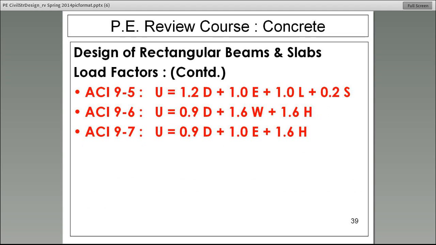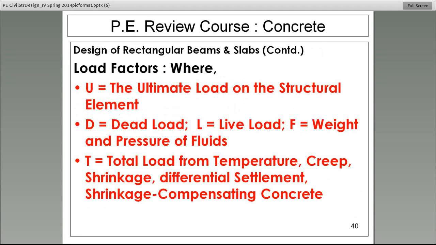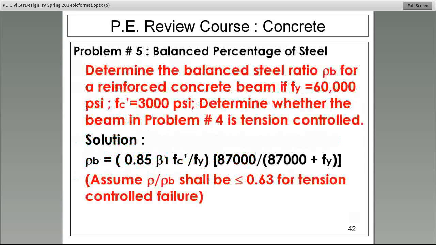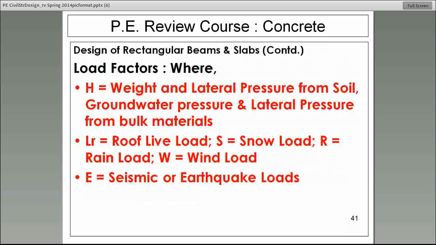This is some other equations. And here on page 40, I have defined every one of those variables, what U stands for, T, L, or F. LR, for example, and so on. S is a snow load, which we have to be worried about at the moment, no matter where you are in the nation.